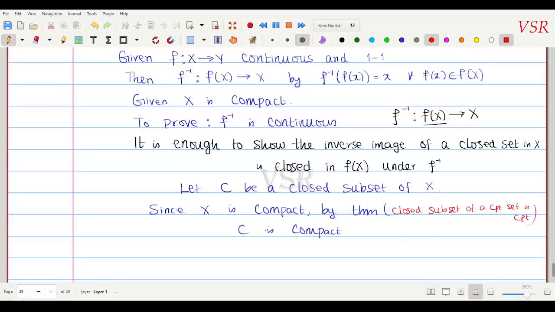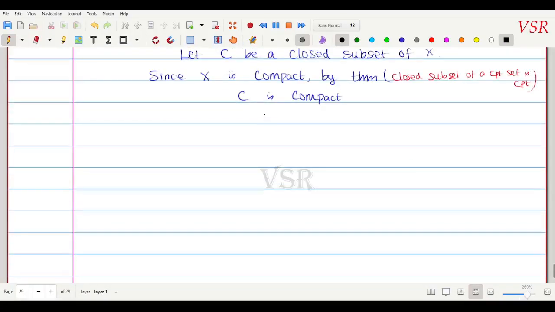Therefore C is compact. What I need to prove is that the inverse image of C under f inverse is closed in f of X. This is very simple. Why?